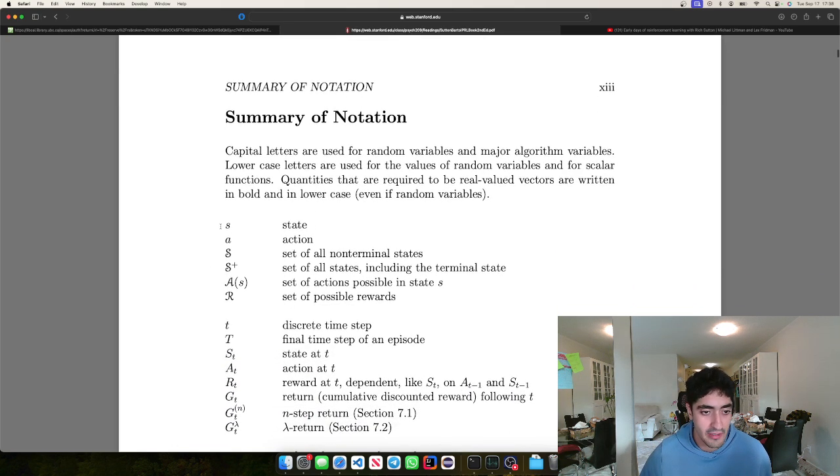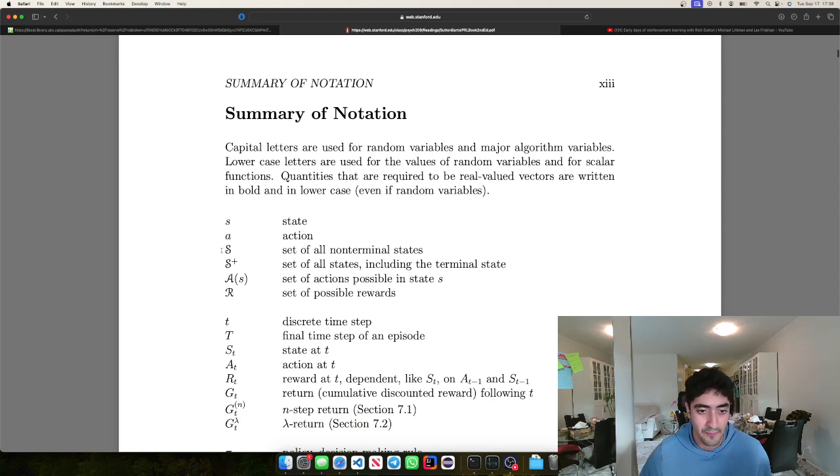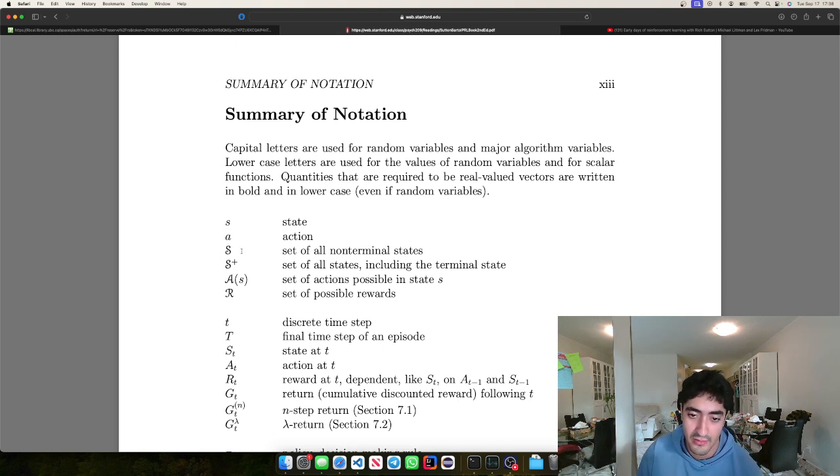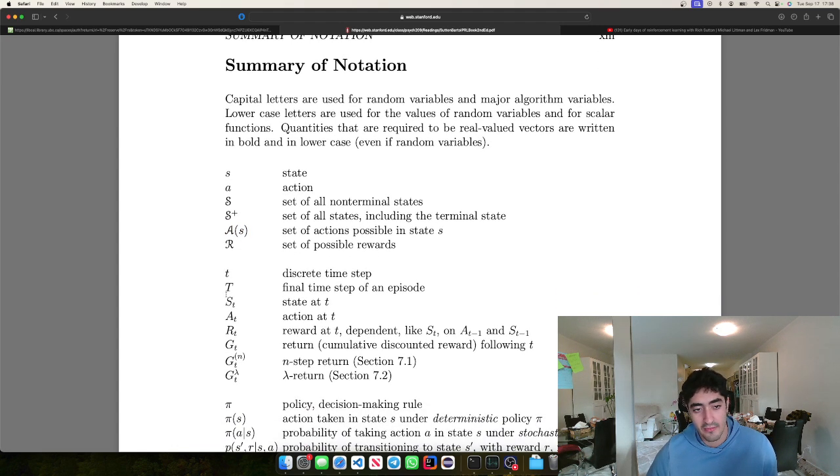Okay, so state is S, action is A, the set of all non-terminal states is S, the set of all states including the terminal state is S plus, the set of actions possible in a state s is A of s, and R is the set of possible rewards.